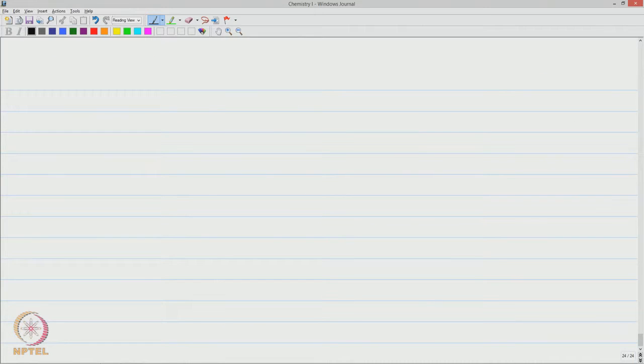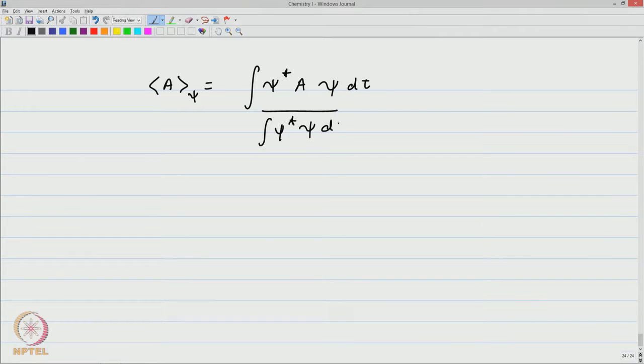Let us recall the definitions. The expectation value of any operator A in the state psi is the integral of psi star A psi d tau divided by the integral of psi star psi d tau. In the case of a particle in a box, for the position operator, there is a root 2 by L, but the wave function is multiplied by itself.